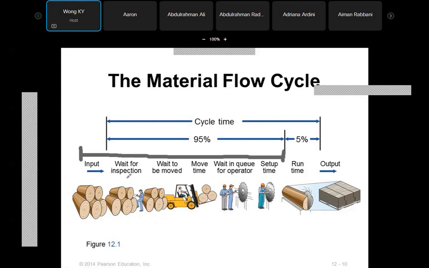It's a raw material inventory. So 95% of the time is spent actually managing the inventory. And because so much time is spent on managing inventory, inventory management becomes important and has to be given attention by every company.